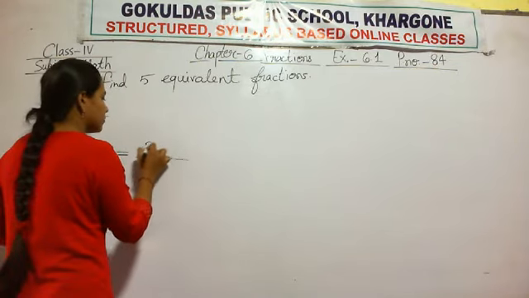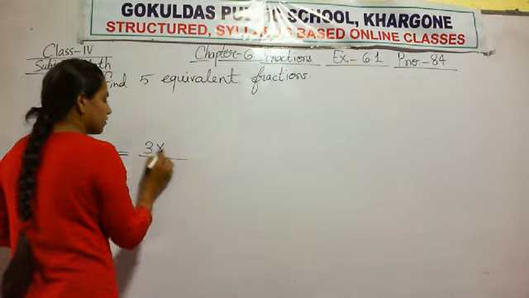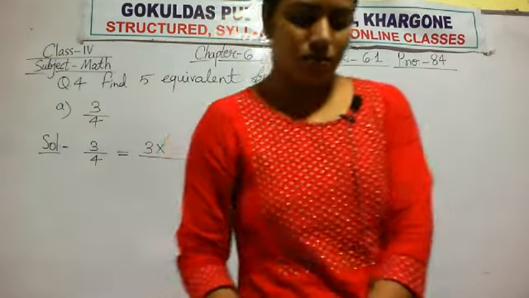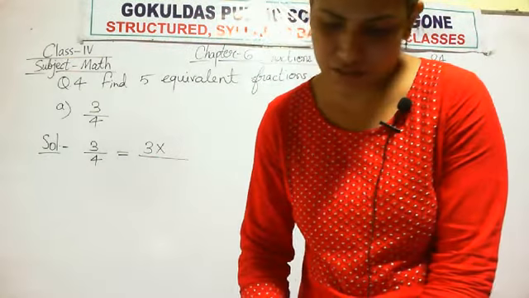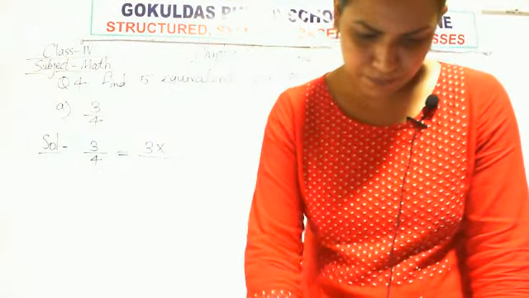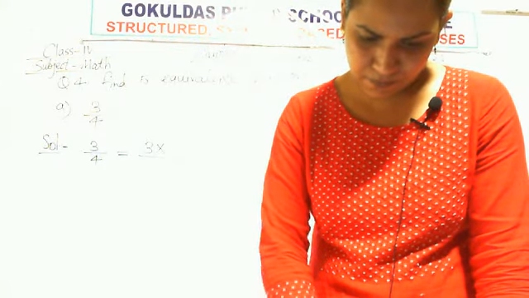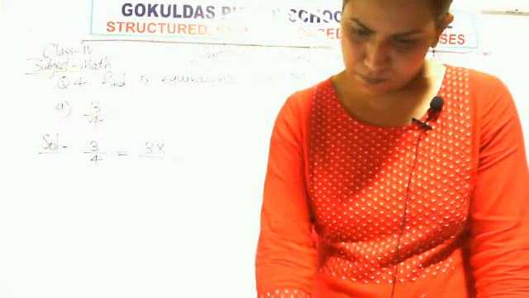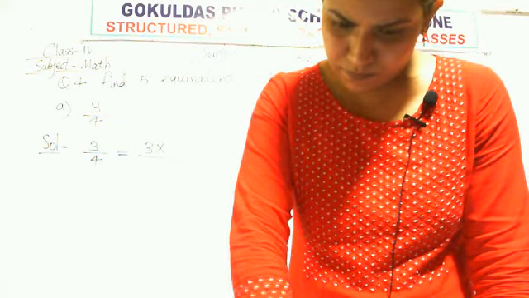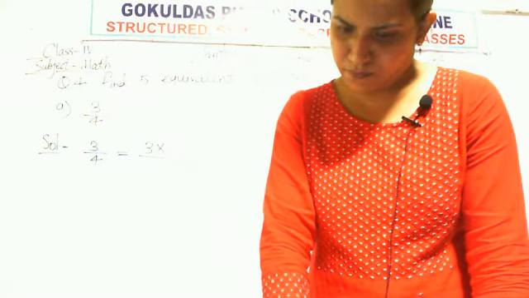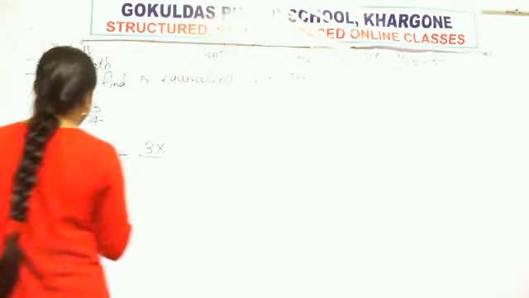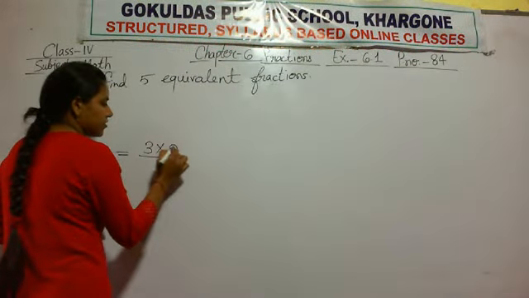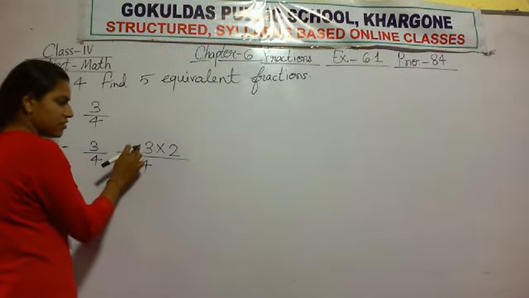So you can multiply 3 with 2. My fraction is 3 upon 4.